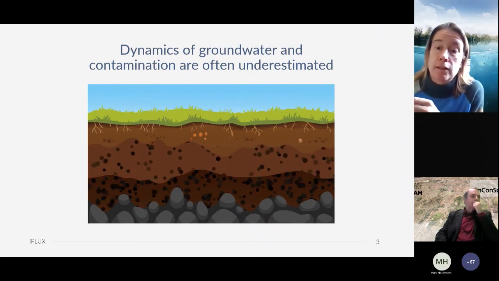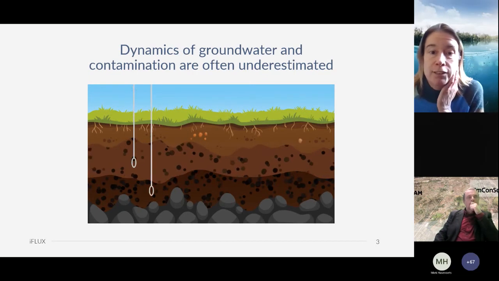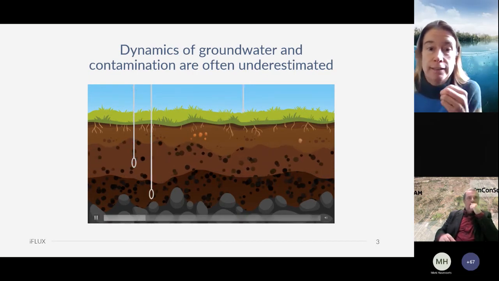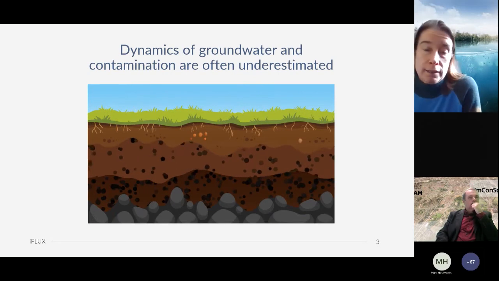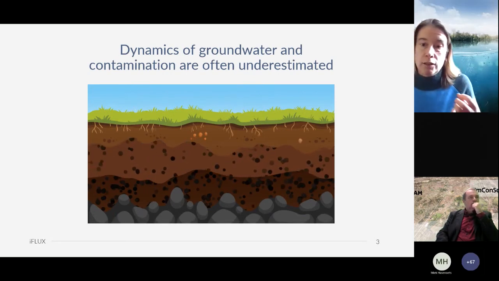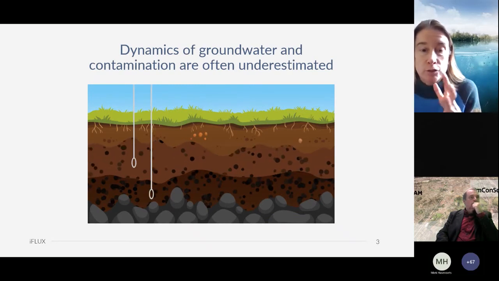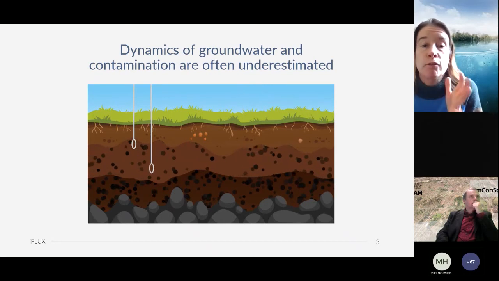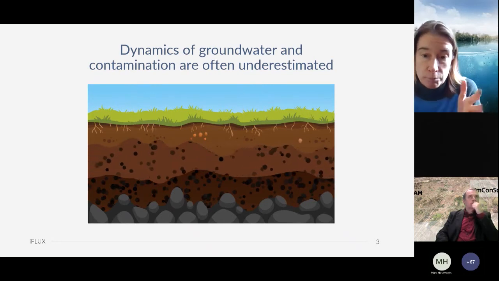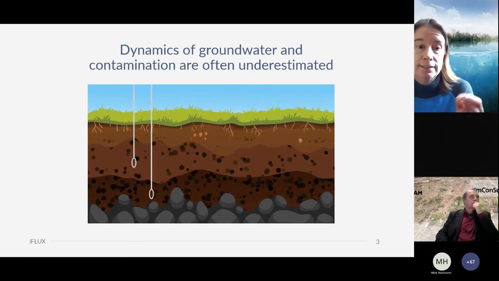And when we are doing conventional sampling, these are snapshots in time, as you can see here at the right, which can result in peak concentrations, high or low. When we are doing flux measurements, we perform measurements over a longer period, actually excluding these peak concentrations and including the dynamics.